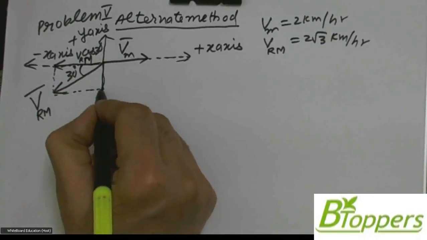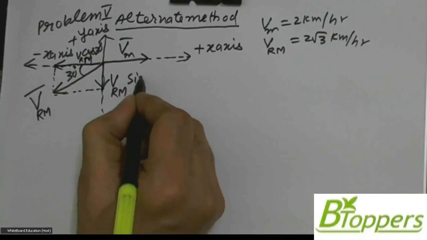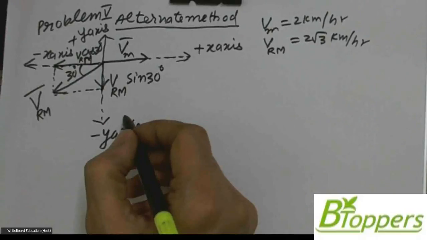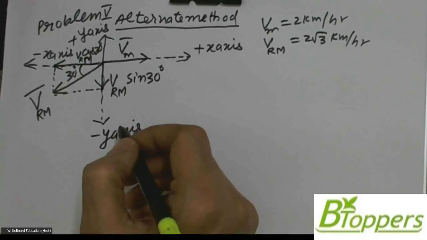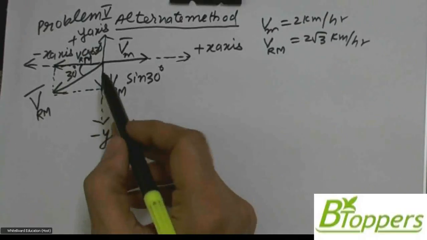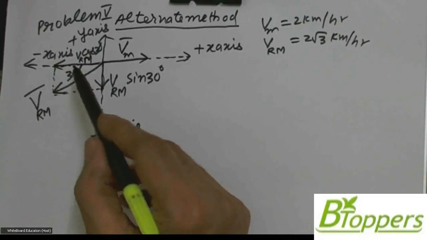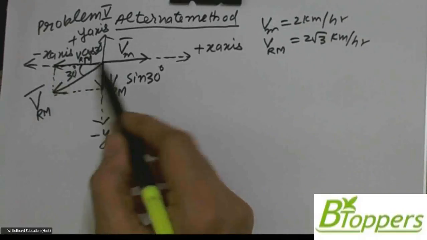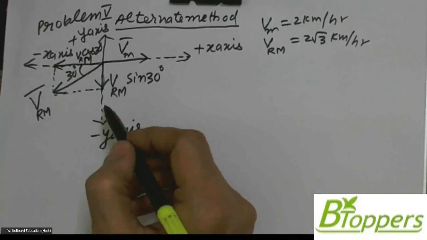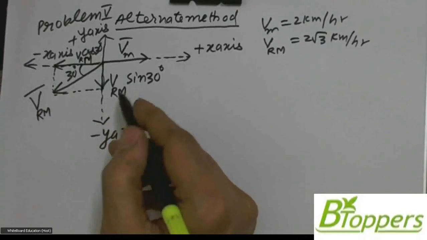And this component will have magnitude Vrm sin 30 degrees. So the relative velocity of rain with respect to the man has a rectangular component of magnitude Vrm cos 30 degrees in the horizontal direction, opposite to the velocity of the man, and a component of magnitude Vrm sin 30 degrees vertically downwards.